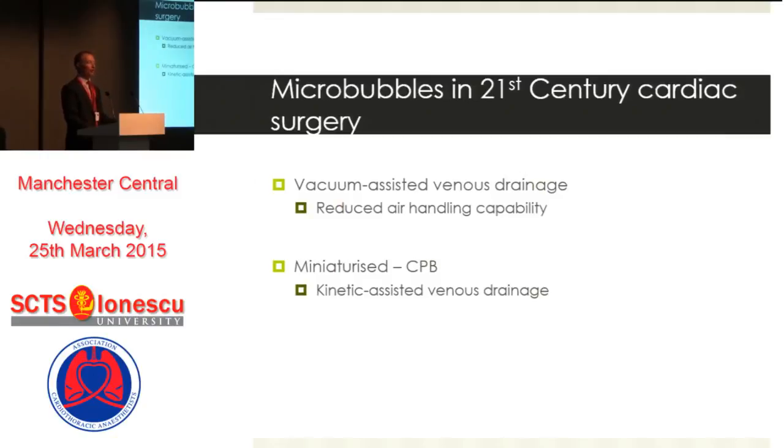In fact, on top of what I've just said, in recent years, in our attempts to minimize the size of the bypass circuit, we've even introduced things that further risk the entrainment of air: vacuum-assisted venous drainage, and with mini bypass, we use kinetic-assisted venous drainage.